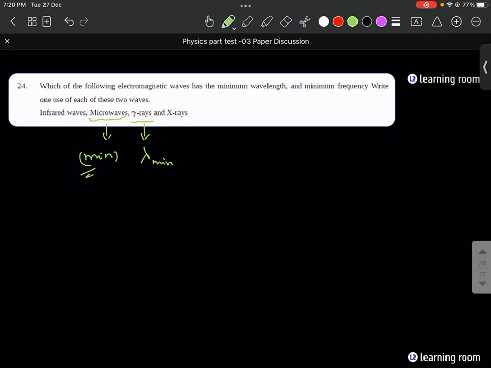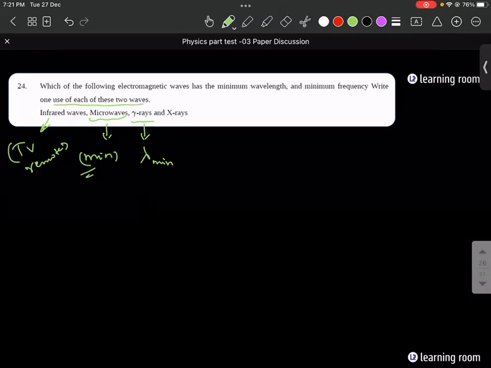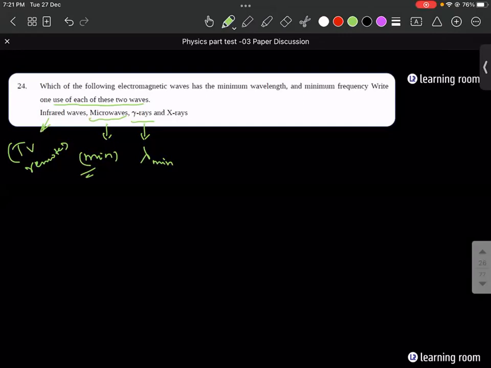Correct. What are the uses of each? Infrared waves. They told one use. No, infrared. Sir, we need to give it only for microwave and gamma ray. See, write one use for each of these two waves. Okay, anyways, we'll discuss infrared. It is mainly used in remote controls.